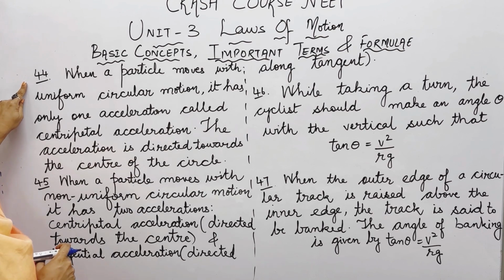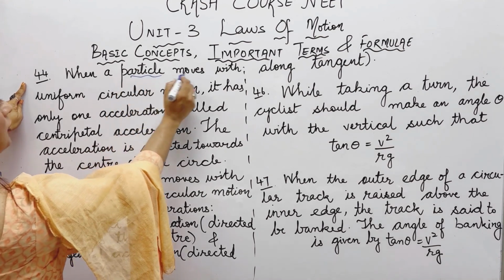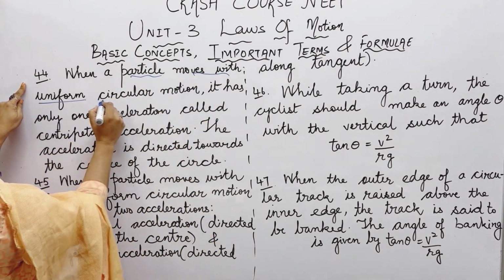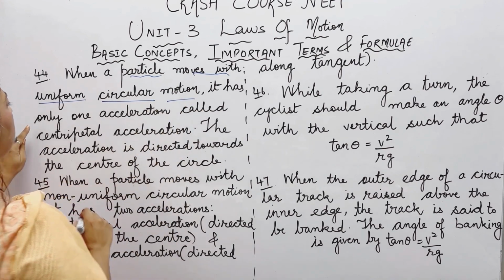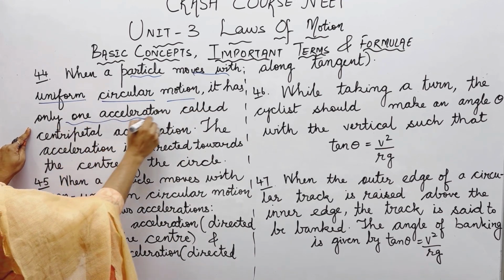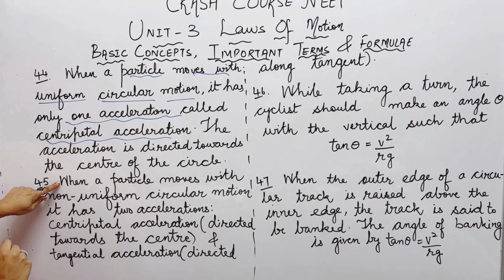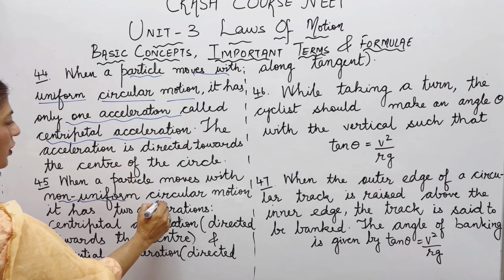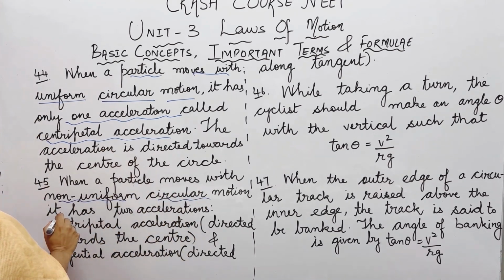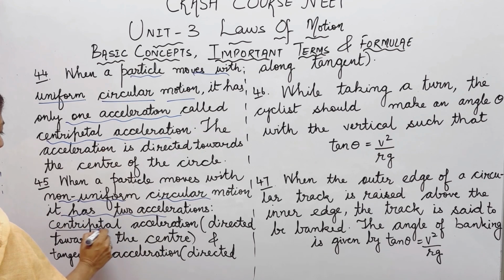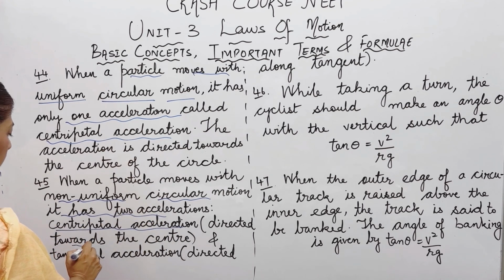Now the 44th point: when a particle moves with uniform circular motion, it has only one acceleration called centripetal acceleration. But when a body moves with non-uniform circular motion, it has two accelerations, centripetal acceleration and tangential acceleration.